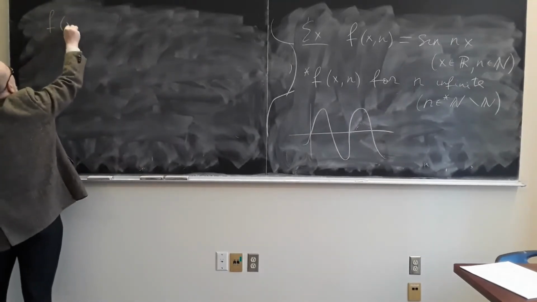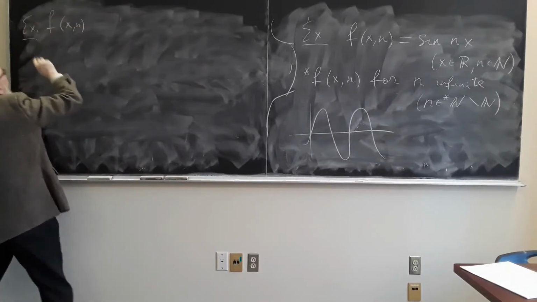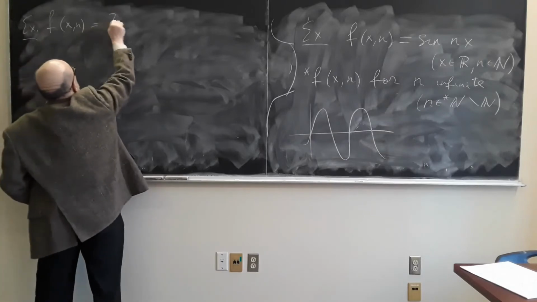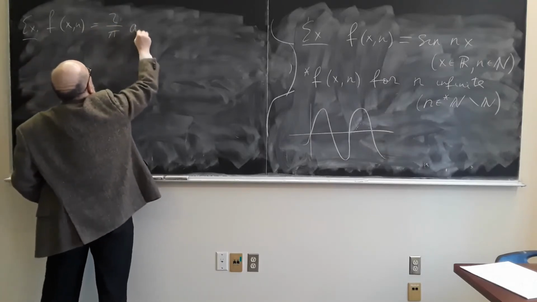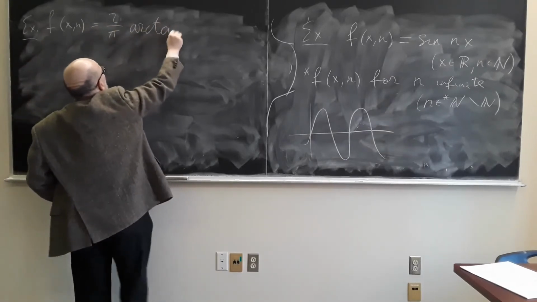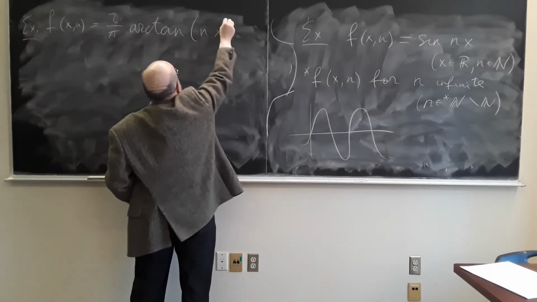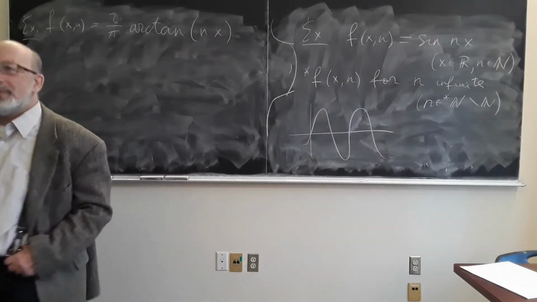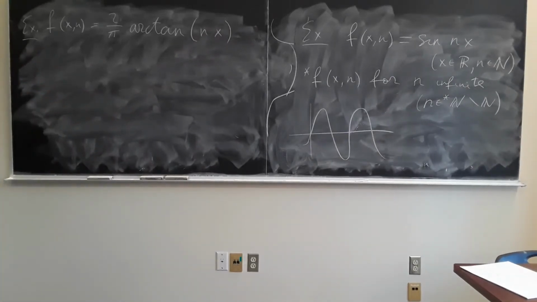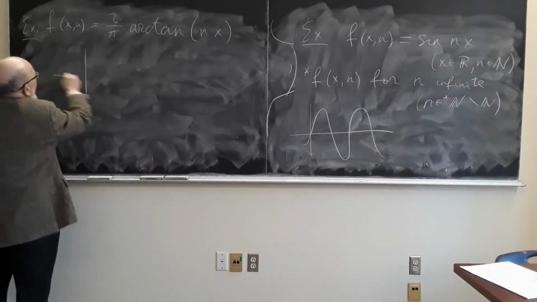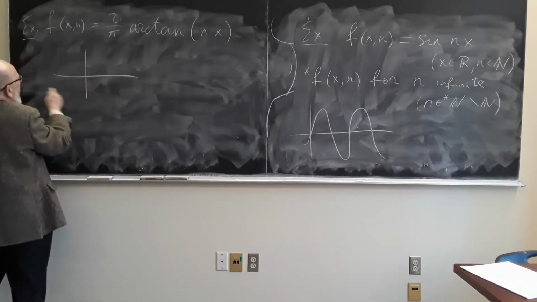f(x, n) equals, for example, 2 over pi arctangent of nx. Now again, why 2 over pi? To make it plus or minus 1 asymptotically.